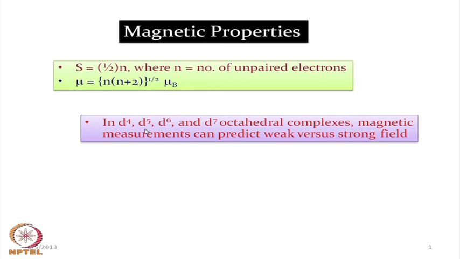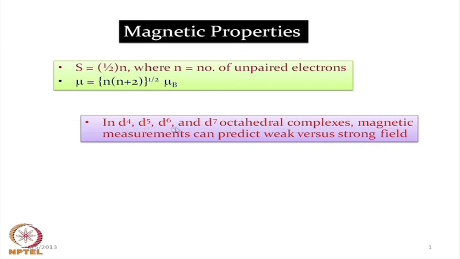If we have d4, d5, d6 and d7 electronic configurations in octahedral complexes, then magnetic measurements can predict the weak versus strong field for the available crystal field. This is the direct application of crystal field theory. That theory gives us two different forms, the weak field form and the strong field form.